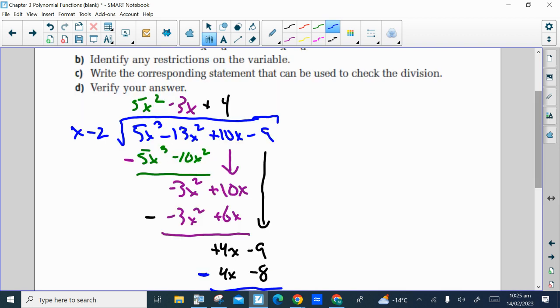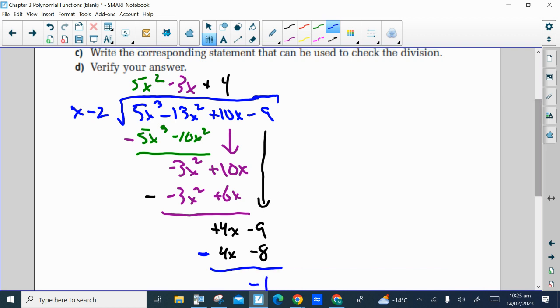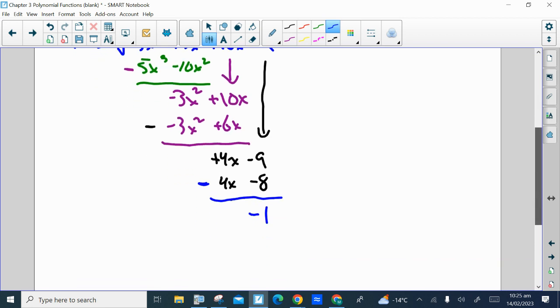So when we divided 5x cubed minus 13x squared plus 10x minus 9 by x minus 2, our quotient, our answer, is 5x squared minus 3x plus 4, and we have a remainder of negative 1.